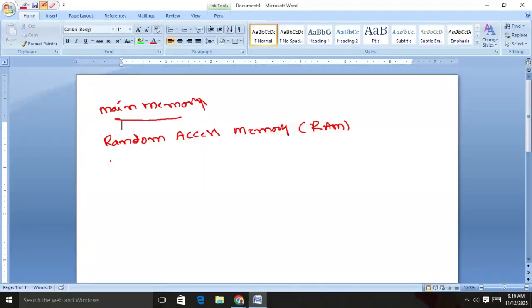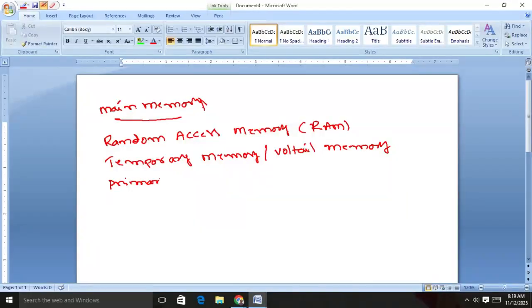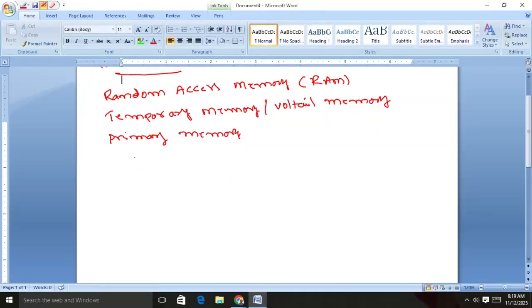And temporary memory or volatile memory, both are the same, or primary memory. So in any computer, in computer science, simply the word memory represents the primary memory.